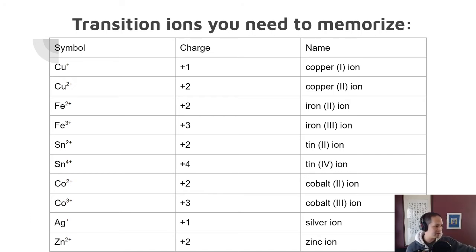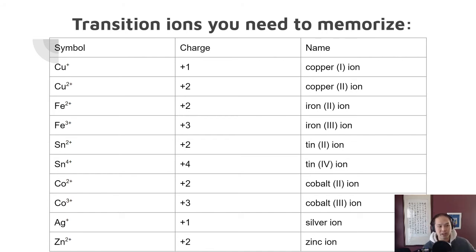If you find them on your periodic table, copper, iron, they're all in the transition metal columns. However, you should be asking me about silver and zinc. Even though they are transition metals, I only give you one option for the ion.